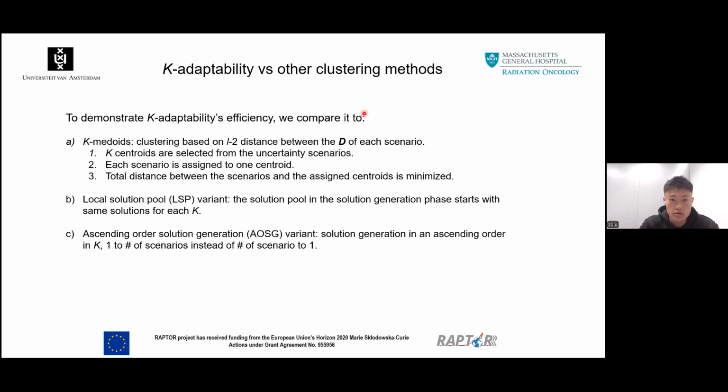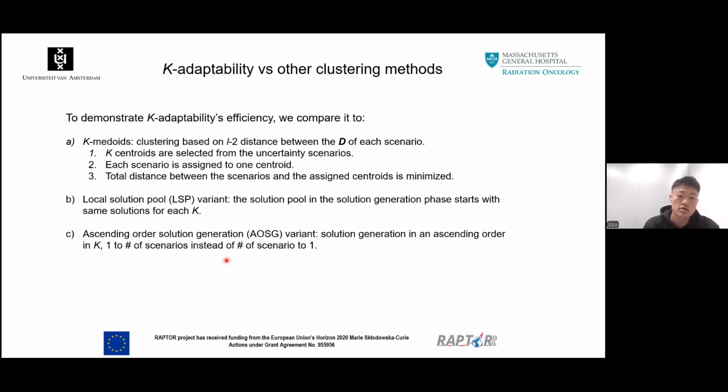And to demonstrate the efficiency, we compare the K-adaptability heuristic to variants of it. The first variant is for each K, the solution pool starts with the nominal solutions, so it's a different starting point. Another variant generates the solutions in ascending order.